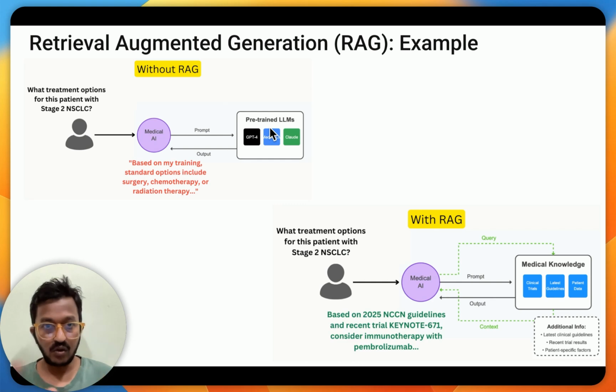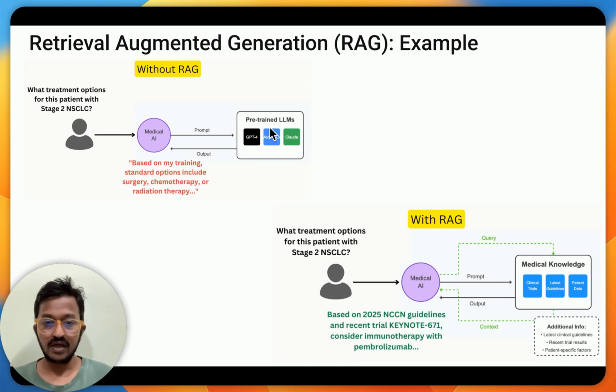Since your whole system doesn't have any context and there is no additional info, it is only based on the pre-trained LLM's response. Now you give additional info like latest clinical guidelines, recent trial results, and patient-specific factors. That is where, with RAG, you provide all this information through an external database or a vector store.